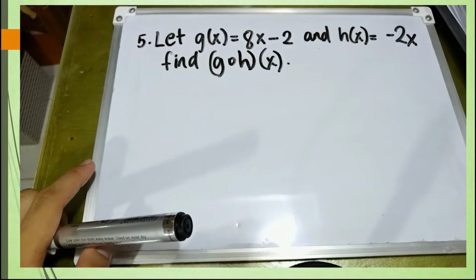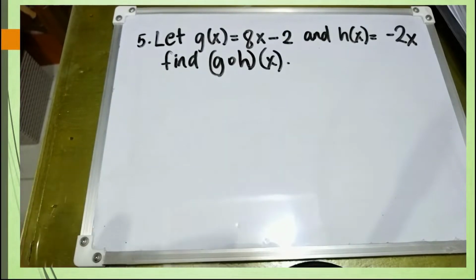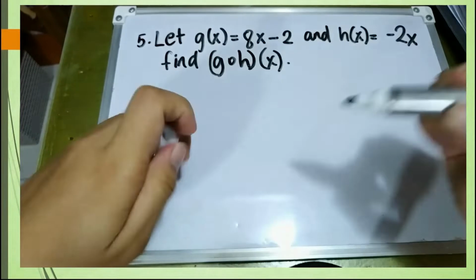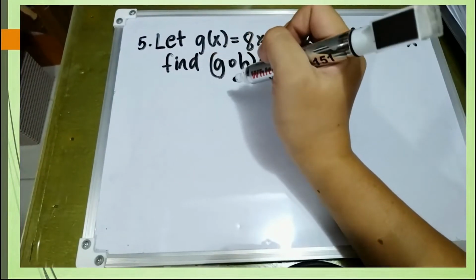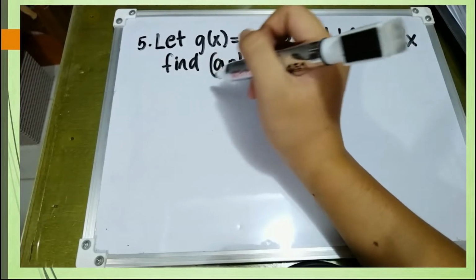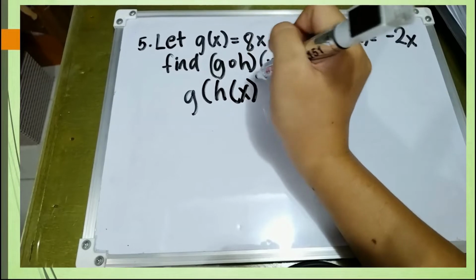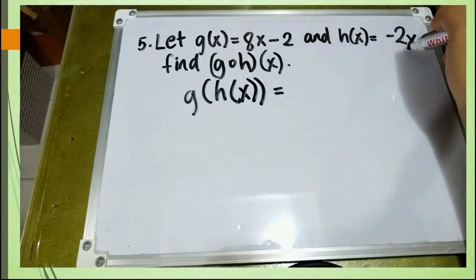Letter D, negative 16x minus 4. Number 5. Let g of x is equal to 8x minus 2 and h of x is equal to negative 2x. Let's find g circle h of x. So g circle h of x, that is g of h of x. But what is h of x? That is negative 2x.